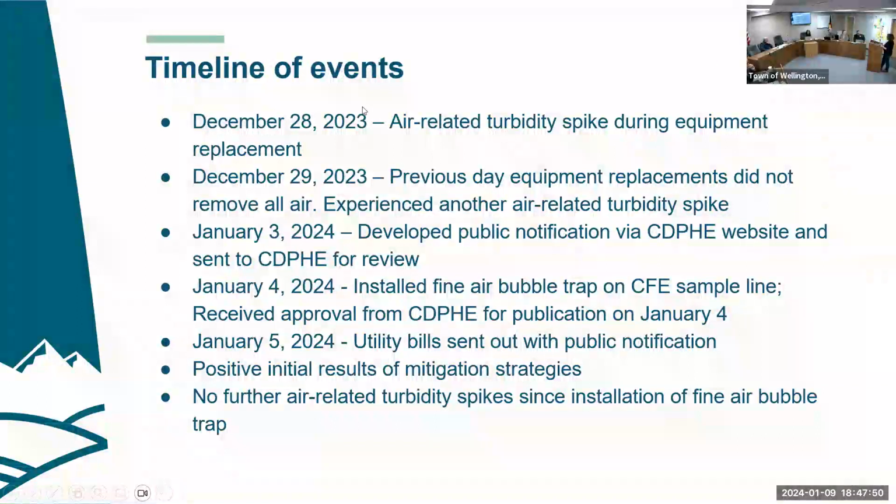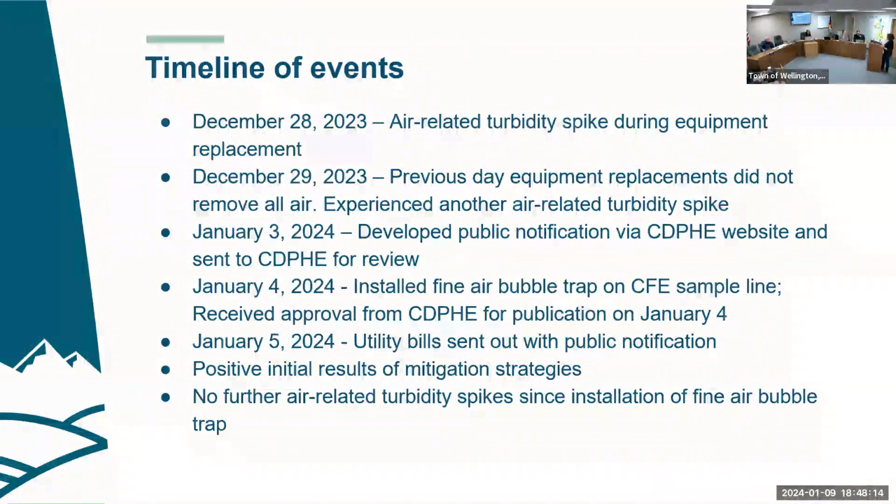We did receive another, and this is kind of the reason there is so much planning and effort when you troubleshoot these issues, is that every time you go in and you're operating things and changing it, you're at risk of violation again, right? So the process that we went through to swap out the equipment resulted during that timeline in yet another turbidity spike as more air got entrained into that pipe.